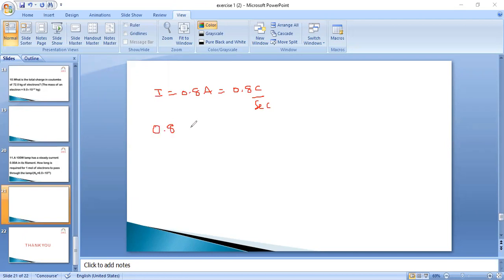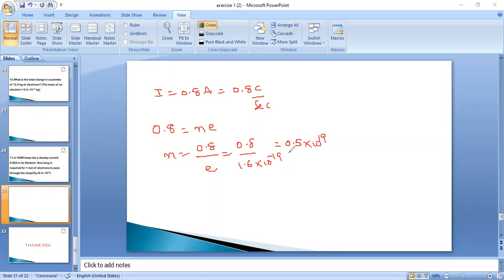To calculate number of electrons, that is equal to Ne, where N equals 0.8 by E, which is equal to 0.8 by 1.6 into 10 power minus 19. This is 1 by 2, that is 0.5. So it is simply 0.5 into 10 power 19. That many number of electrons are going for 1 second.